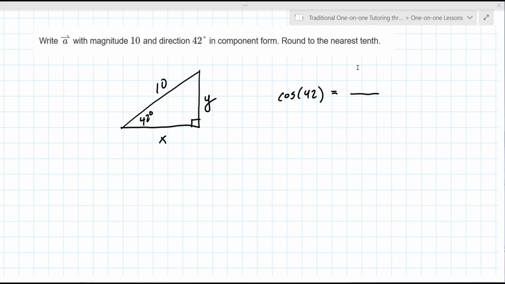It's adjacent over hypotenuse. Good. And sine of 42 would be opposite over hypotenuse. Okay, so what over what? So it would be y over 10. Perfect. Okay, can you solve each of those for the indicated variable?